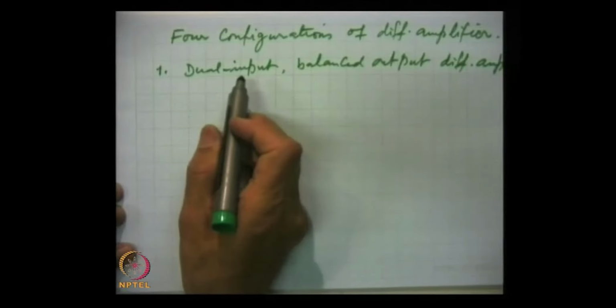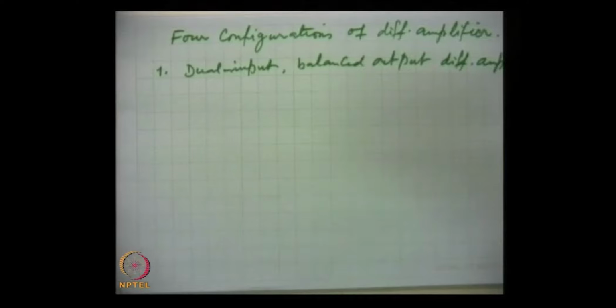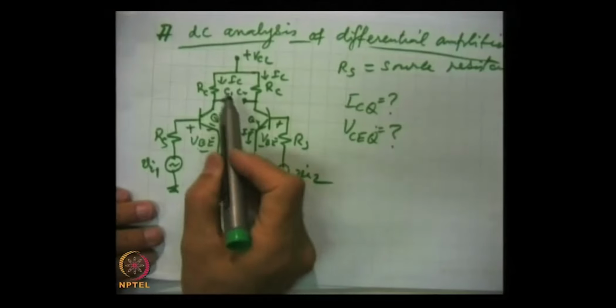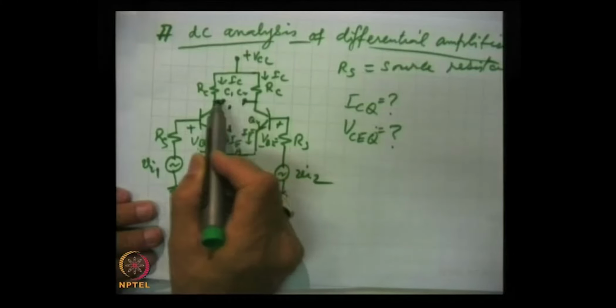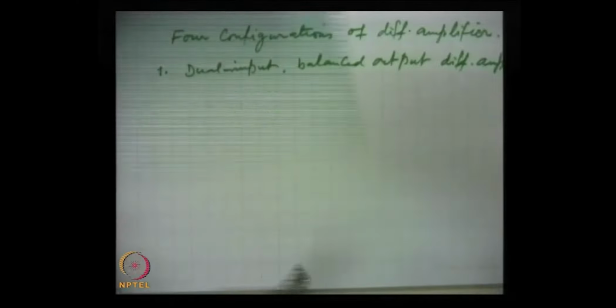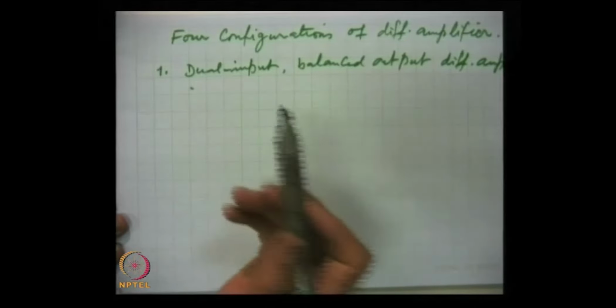Dual input, balanced output means that we are using two input sources, and we are taking balanced output from two collectors.